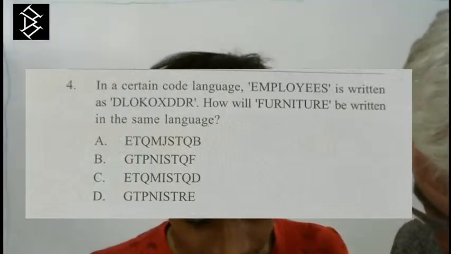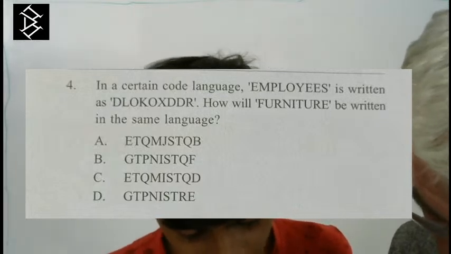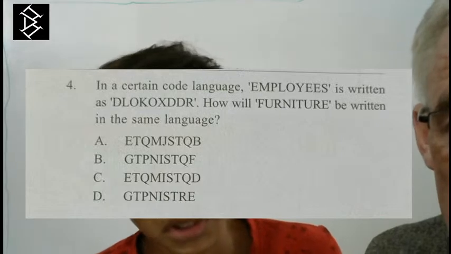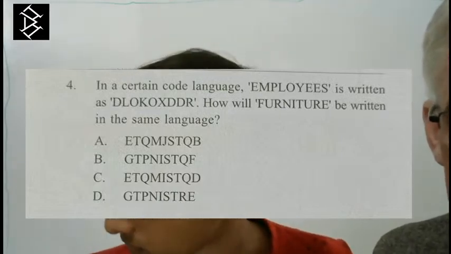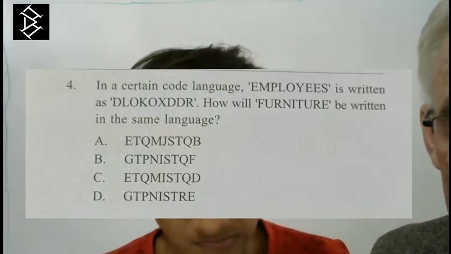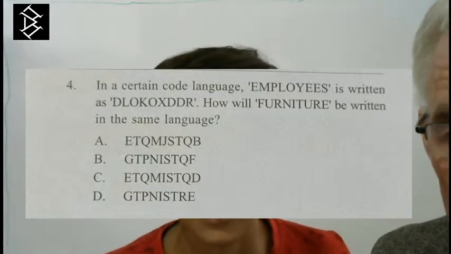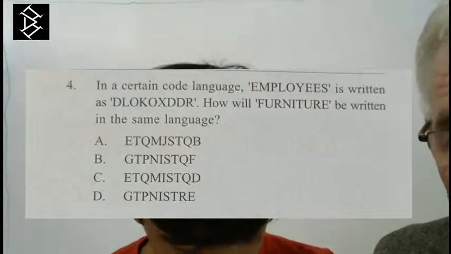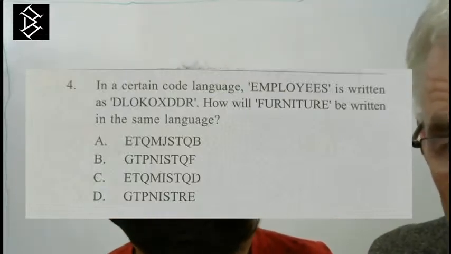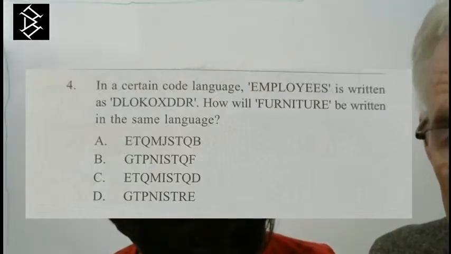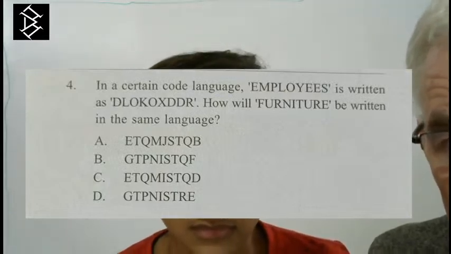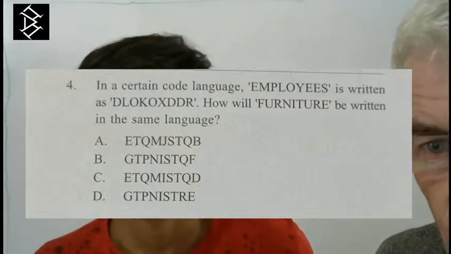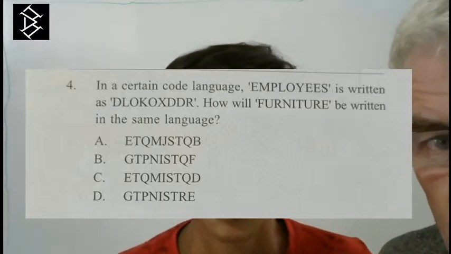L becomes immediately before M. And O comes directly before P, etc. So in our new code, what letter comes before F, which is obviously E. If you look at the pattern, you now know it's going to be A or C, isn't it? You have to follow it through, and very quickly you will find the answer.